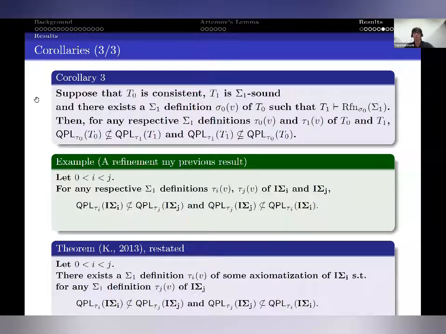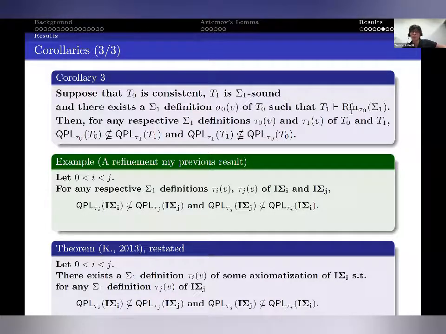At last, I proved this corollary, which says that suppose that T0 is consistent, T1 is sigma 1 sound, and there exists a sigma 1 definition, tau 0 of T0, such that T1 proves the sigma 1 local reflection principle of tau 0.